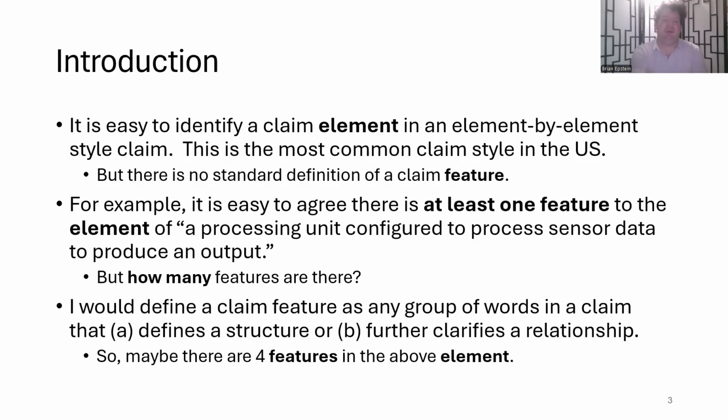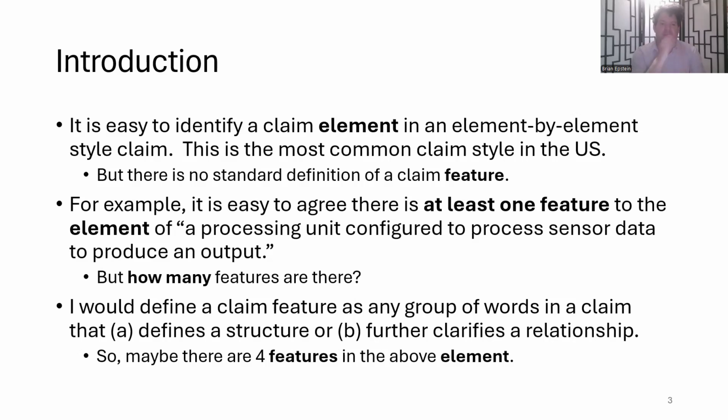So, of course, it is easy to identify a claim element in an element by element style claim. This is the most common claim style in the United States, at least on the mechanical and electrical side. But there, as far as I know, there is no standard definition of a claim feature.